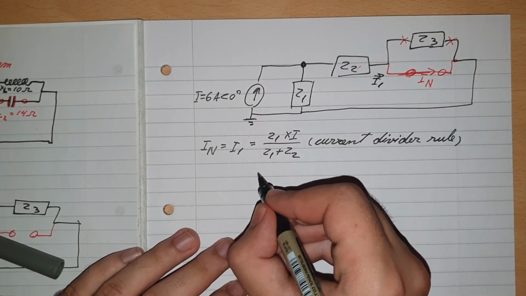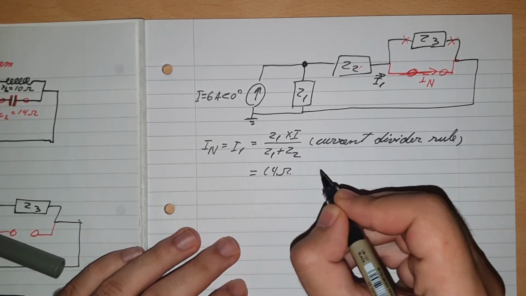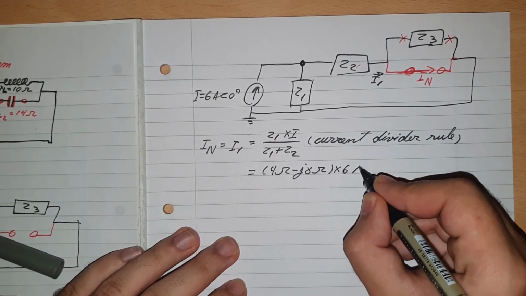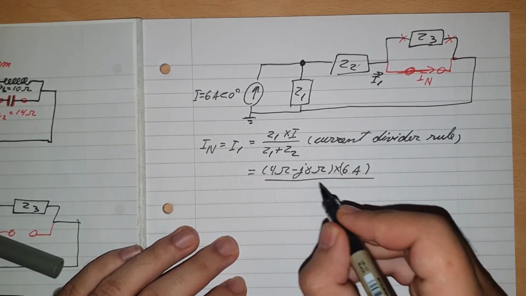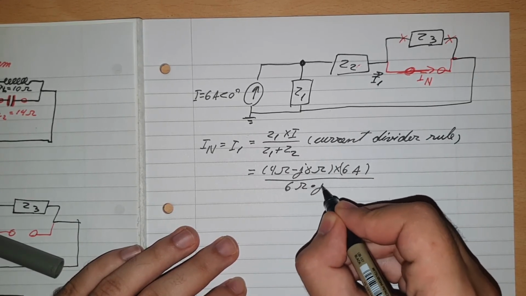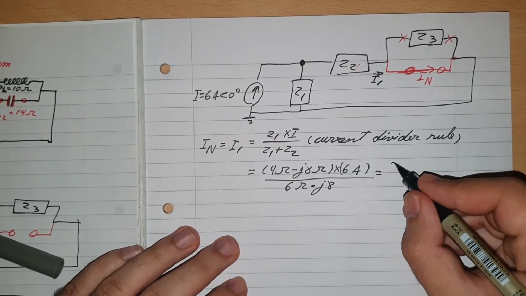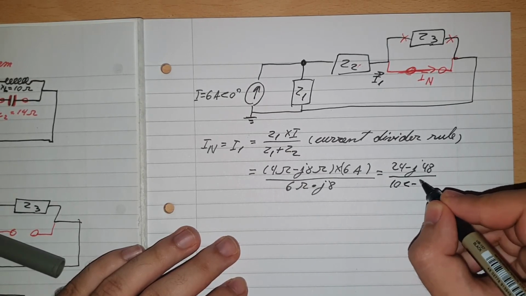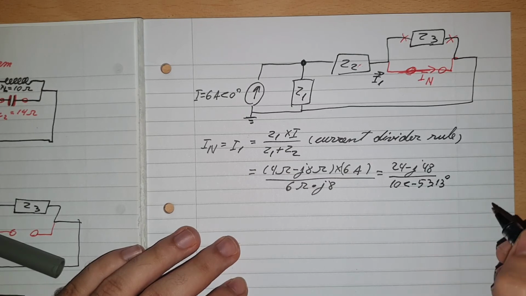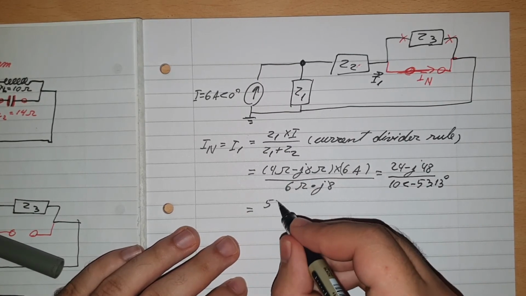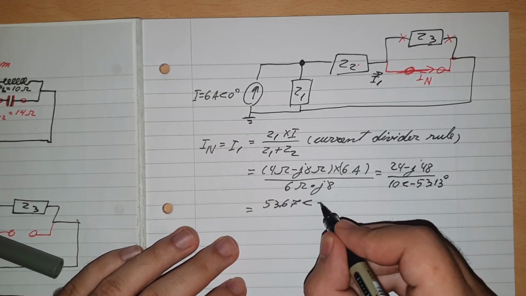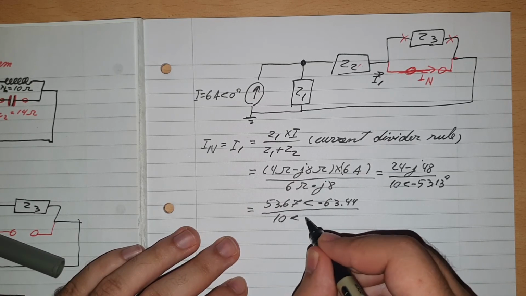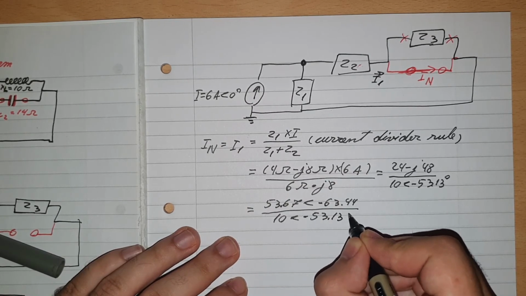Then that will be equal to 4 ohms minus J8 ohms multiplied by 6 amps, divided by 6 ohms minus J8, and then that will be equal to 24 minus J48 divided by 10 at an angle of minus 53.13 degrees, and that will be equal to 53.67 at an angle of minus 63.44 divided by 10 at an angle of minus 53.13 degrees.